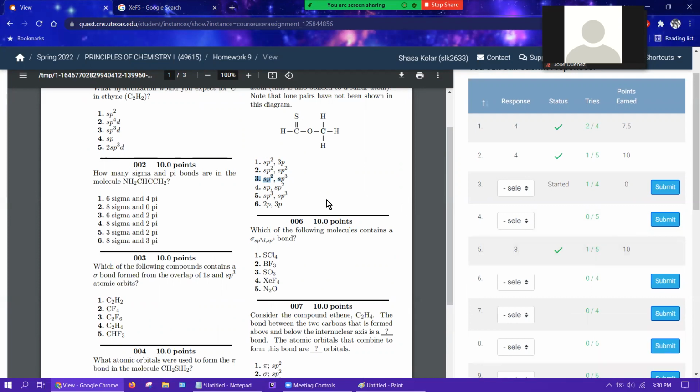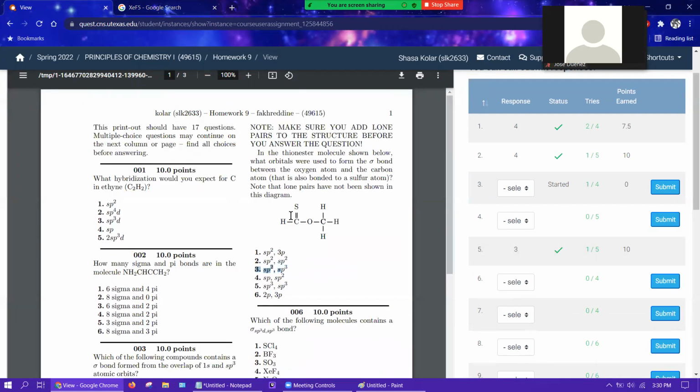So really all you're doing is subtracting. Oxygen is sp3 until it has a double bond. This carbon is sp3. Oh, it has a double bond, it's sp2. And if it had a triple bond, it would be sp. And if it has two double bonds, that would be sp again because it has 2 sigmas.